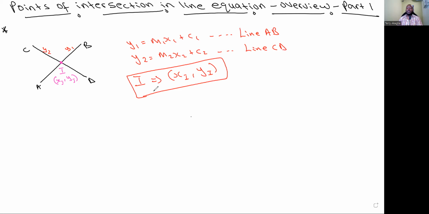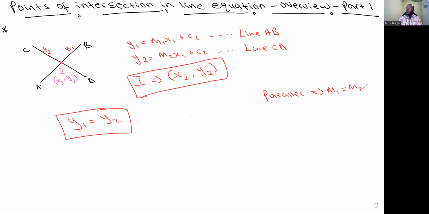Now, there are two things to keep in mind. I said when two lines intersect, y1 is equal to what? y2. So y1 is equal to y2. This is different from parallel lines. When it was parallel, in the previous video, I told you that it was what? m1 was equal to m2.